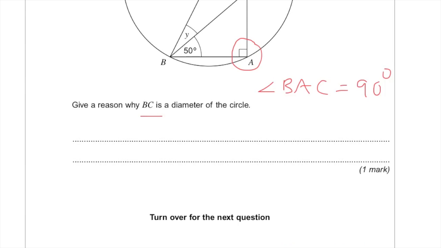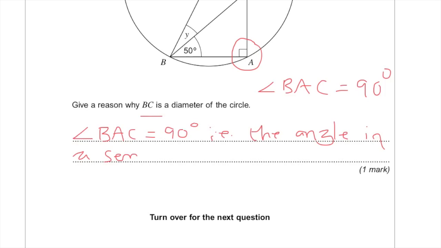So if we write that down, angle BAC equals 90 degrees, i.e. the angle in a semicircle is 90 degrees. Therefore, BC is a diameter.